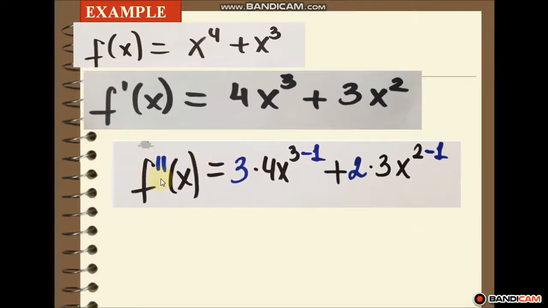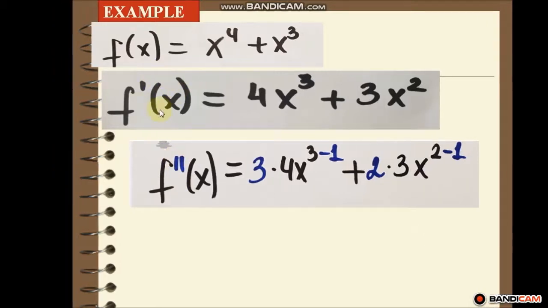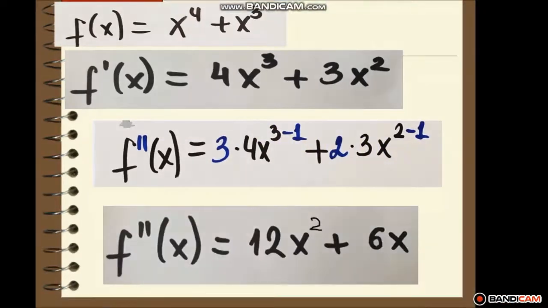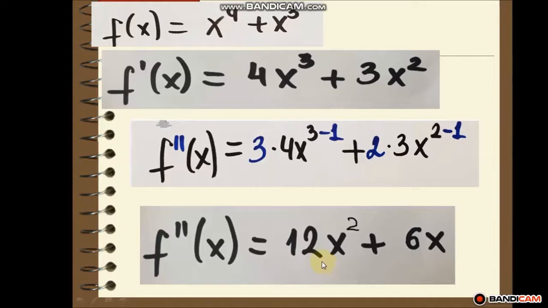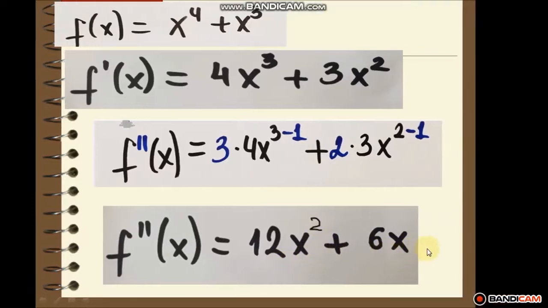How can we get it? It is like the first derivative: from the first derivative we get the second derivative. We take the power as the coefficient, and from the power we subtract 1 in each term. Our second derivative will be 12x squared plus 6x. This one is our result.